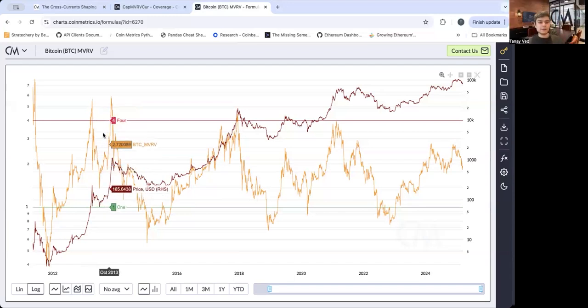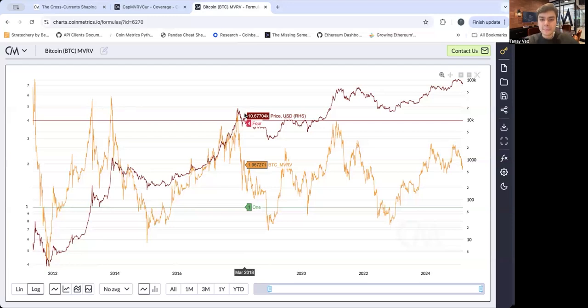Exactly. You can clearly see that when price moved to its high in the 2017 bull market, to about 20,000, MVRV just crossed 4. Then price went back down, as you said, as people took profits in those overheated conditions.